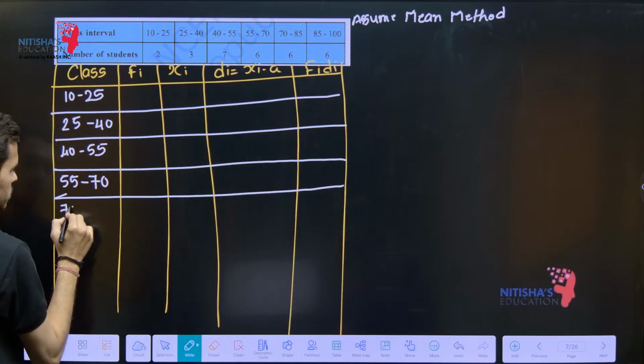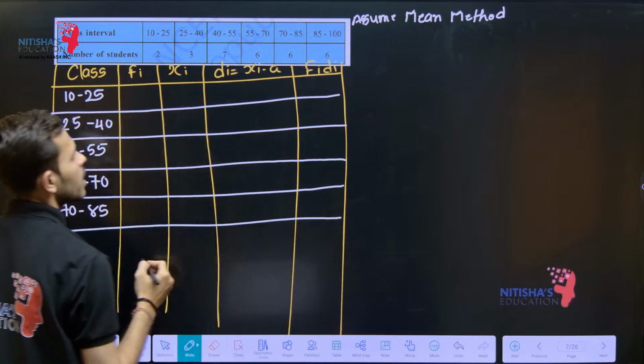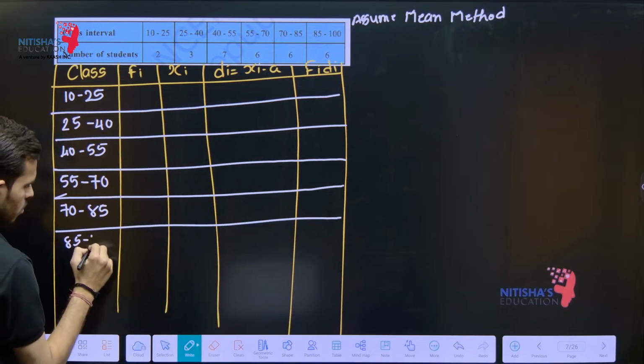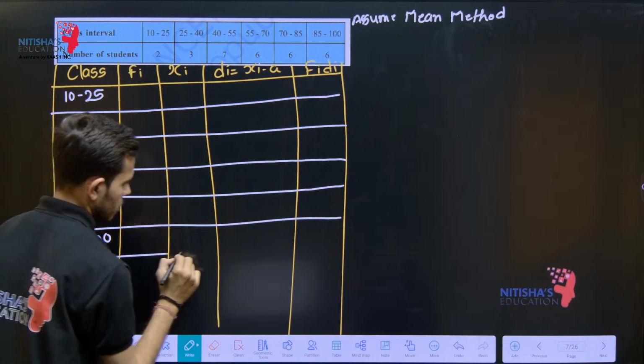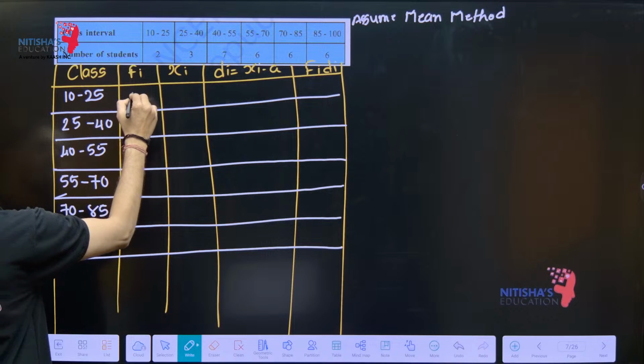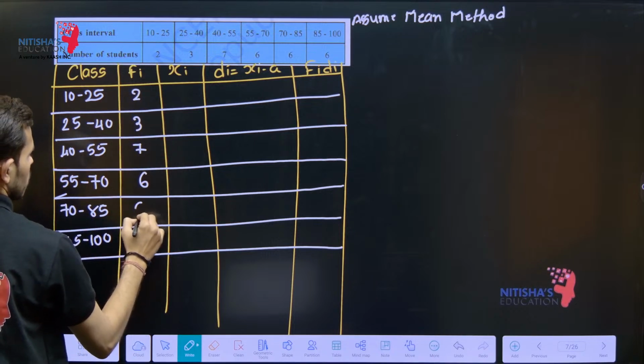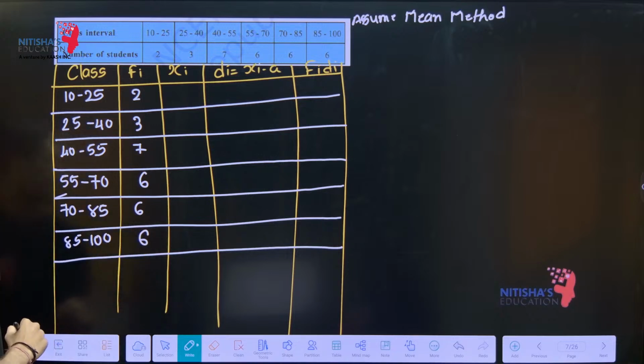Then 70 to 85. Then 85 to 100. Fi is 2, 3, 7, 6, 6 and 6. What is xi?